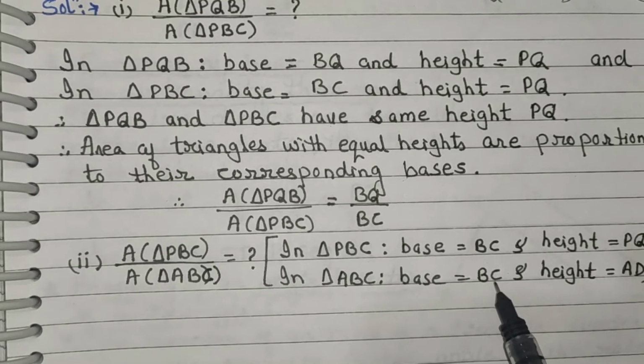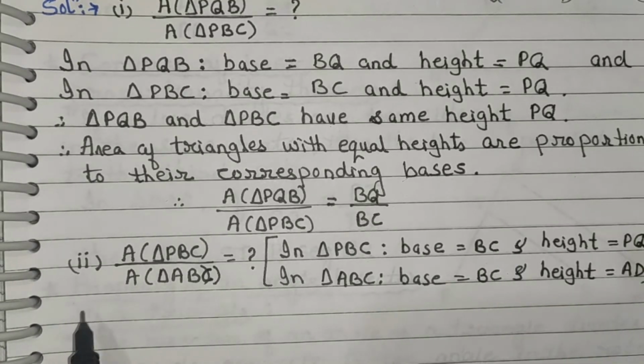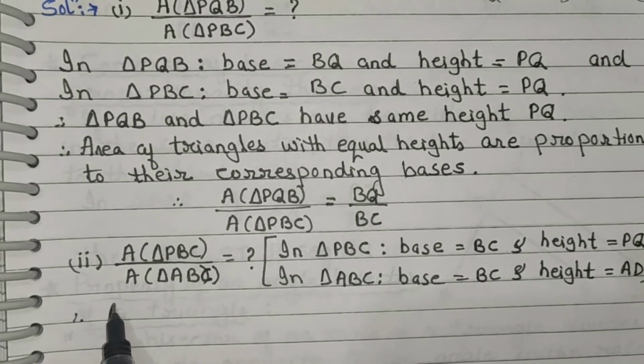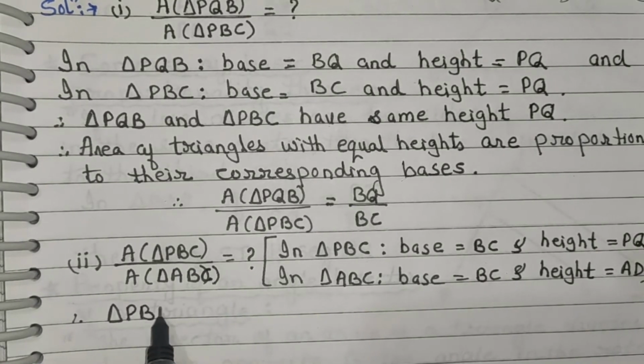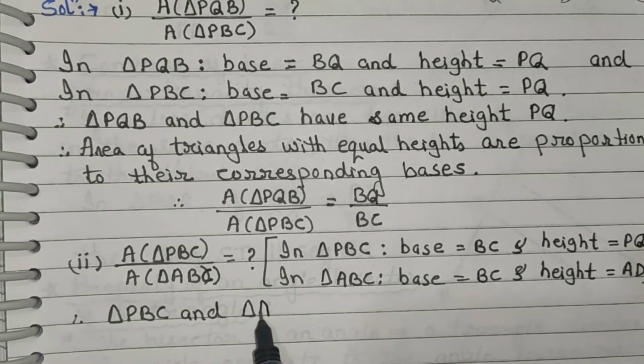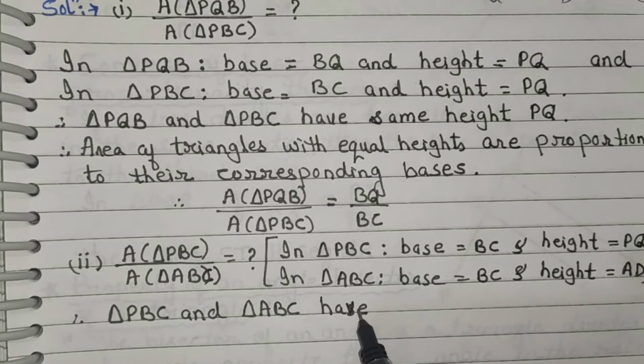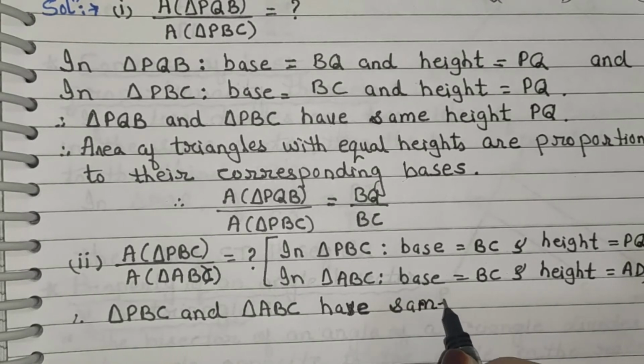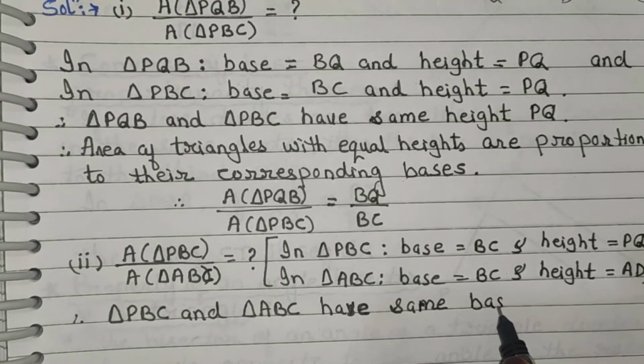Now look at here. Both the triangles have the same base BC. Therefore write down here: triangle PBC and triangle ABC have the same base BC.